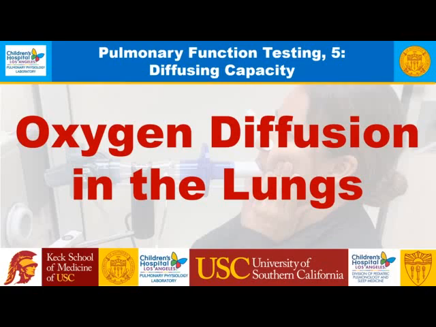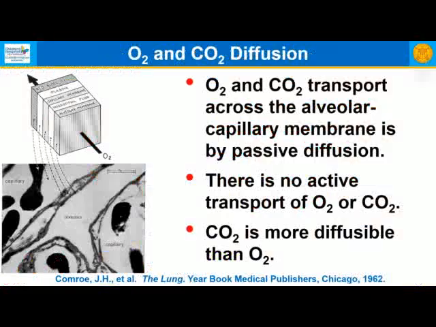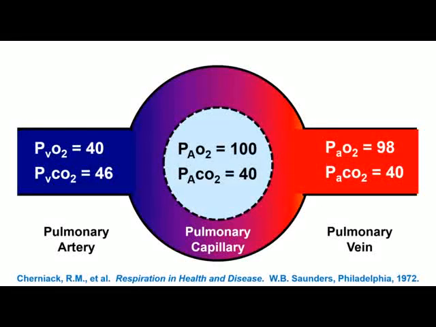So first, oxygen diffusion in the lungs. Oxygen and CO2 transport across the alveolar capillary membrane is by passive diffusion. There is no active transport of oxygen or CO2, and CO2 is much more diffusible than oxygen.